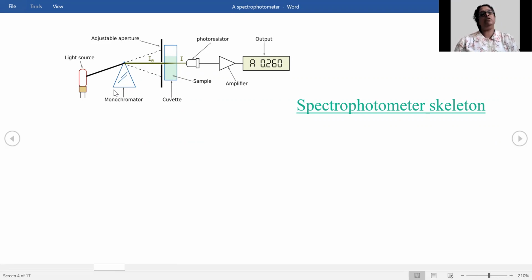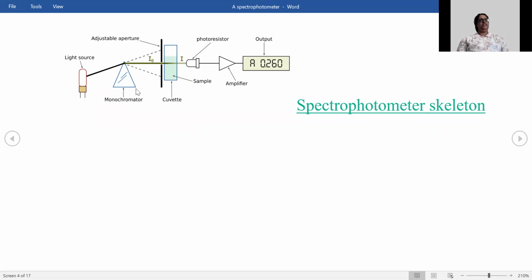What is the monochromator? As you can see from the diagram, it's a prism. At school, you would have studied that when light passes through a prism, it will be split into various colors due to diffraction.